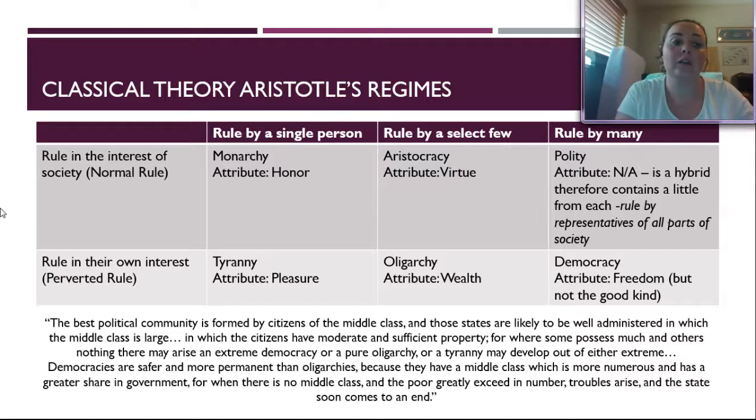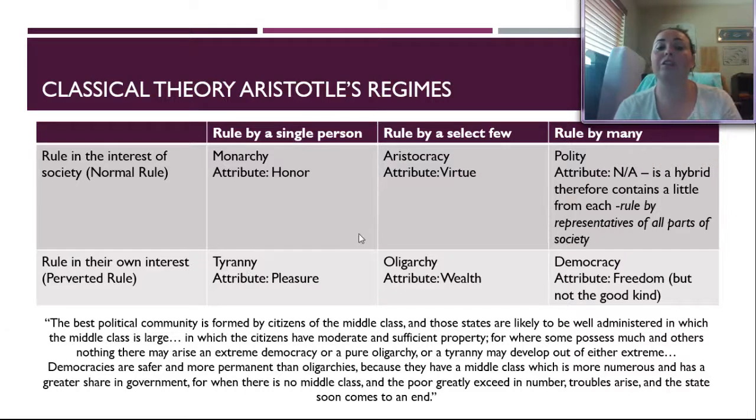So you'll see here, there's the normal rule, and then if that is perverted by one's own self-interest, in particular the self-interests of rulers. So if you have a regime that is being ruled by a single person, an honorable person, it's called a monarchy. But if that monarch abuses their power, it'll turn into a tyranny.